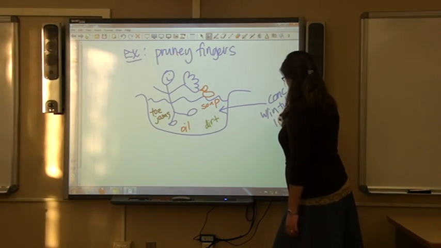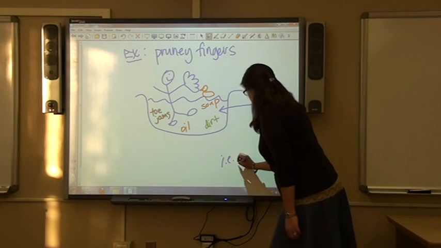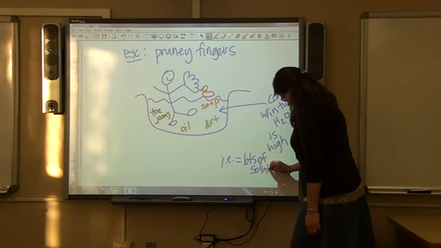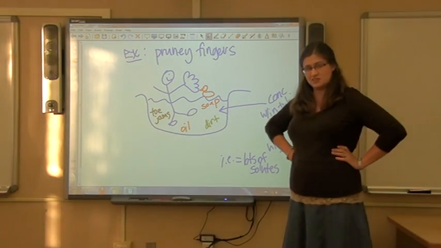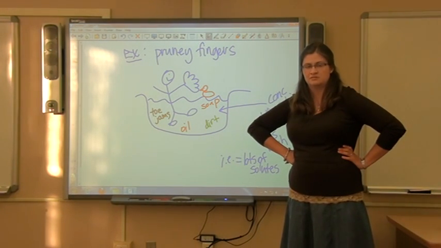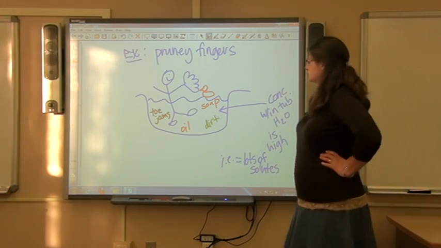The concentration in your tub water is high. In other words, lots of solutes. At the outset I said that it doesn't matter what the identity of the solute is? In this case, you've got TOGMs as your solute. That doesn't make any difference, but you have to know that they're there.